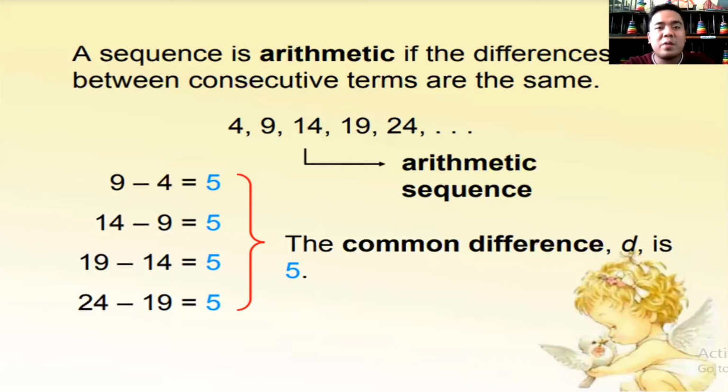So that is arithmetic. There is a constant number being added to the term so that you can get the next preceding terms. Unsa man ang term, if we are going to recall, kanang term, mao na siya ang number nga naa sa pattern or number nga naa sa sequence. So makaingon man tag pattern, di ba?